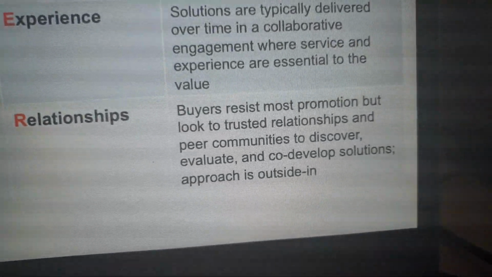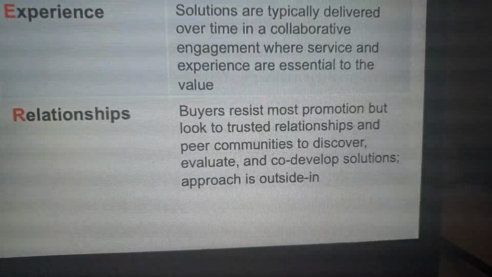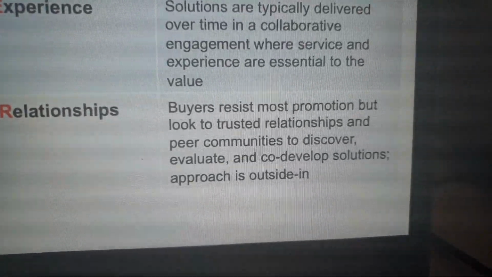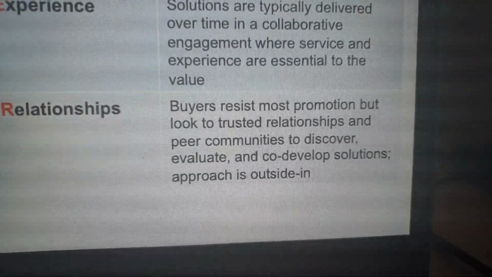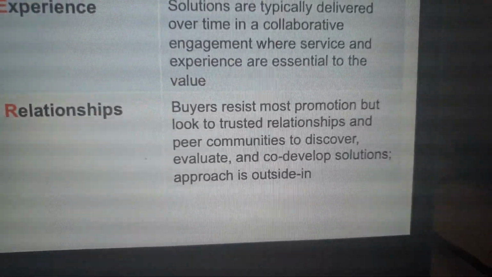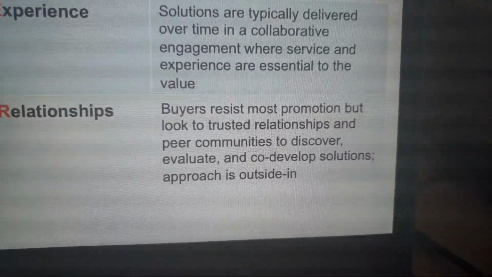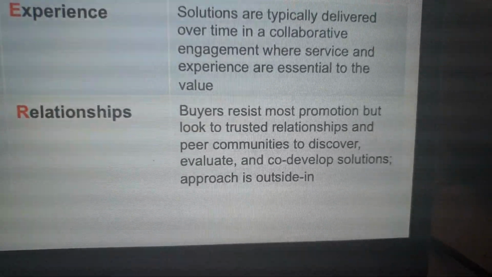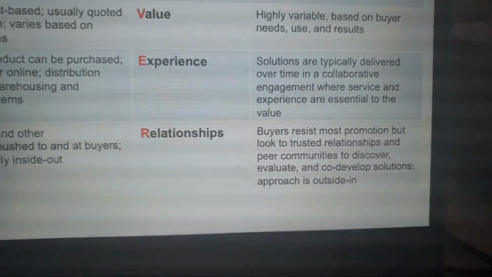Relationships. Buyers resist most promotion, but look for trusted relationships and peer communities to discover, evaluate, and co-develop solutions about approach, which is outside in.